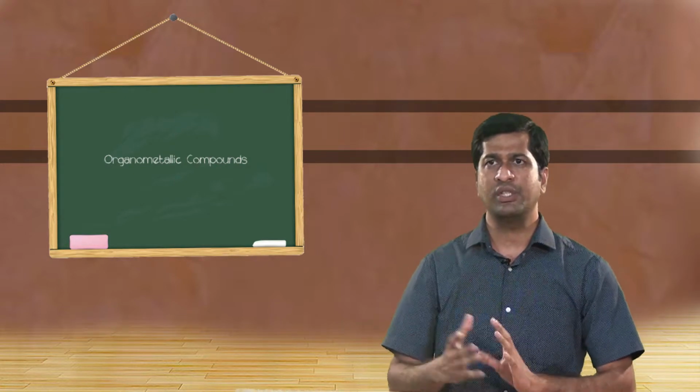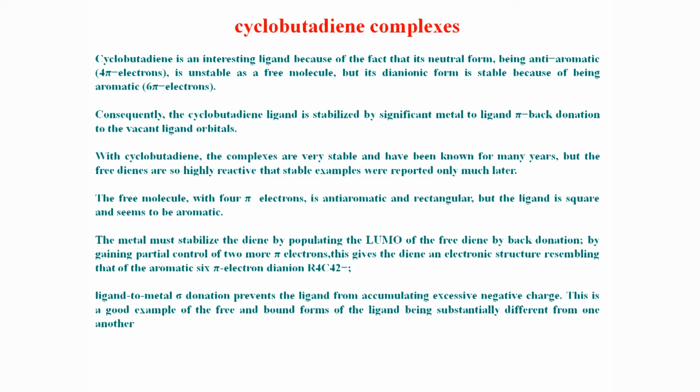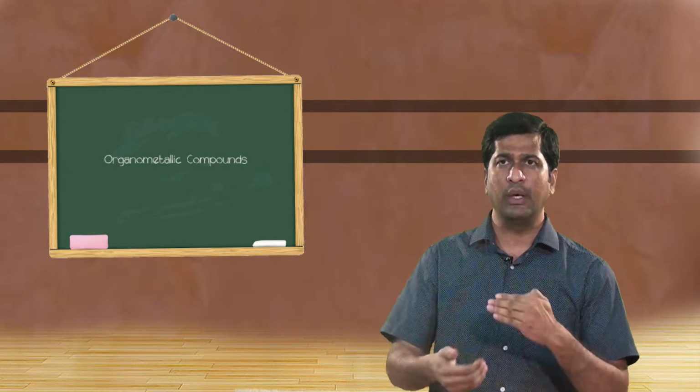Now, moving on to cyclobutadiene complexes. Cyclobutadiene as such is anti-aromatic. After binding to the metal center, it becomes aromatic because it receives electron density from the metal center. That's why it gains aromaticity, and along with the gained electron density, it becomes stable.